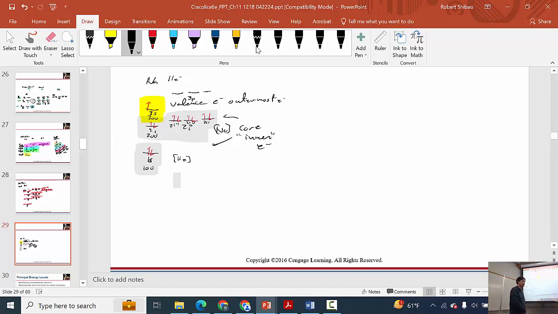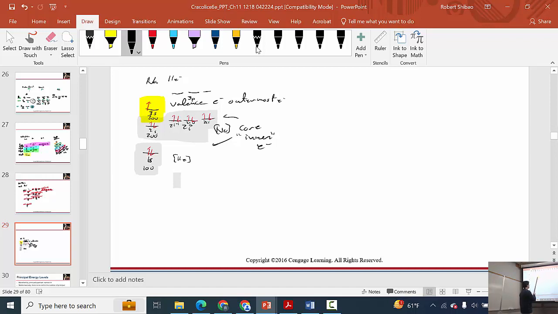Because in order for sodium to gain 7 electrons, it has to take 7 electrons from something else, since matter is conserved. And it's very hard to take 7 electrons from something. That's a lot of electrons to lose. And so sodium doesn't gain 7 electrons.